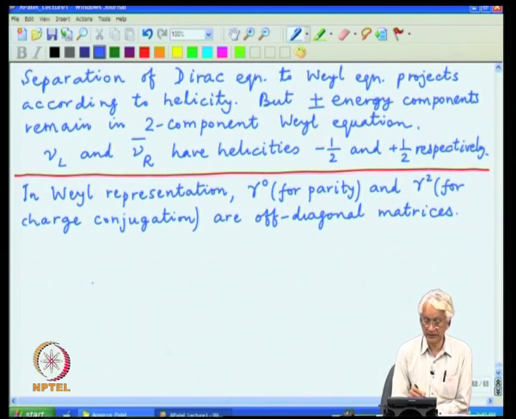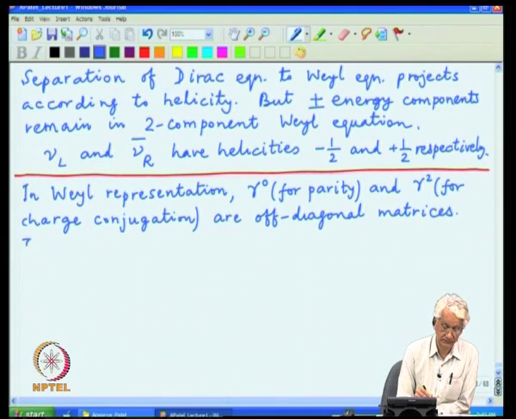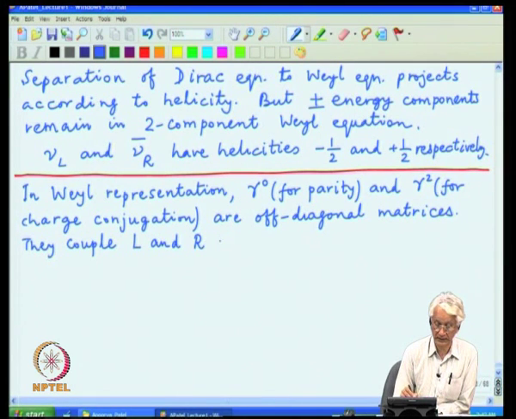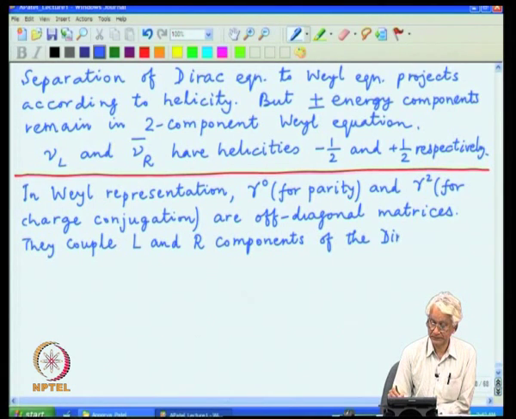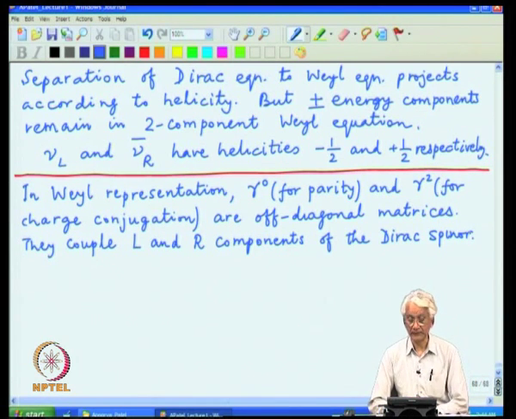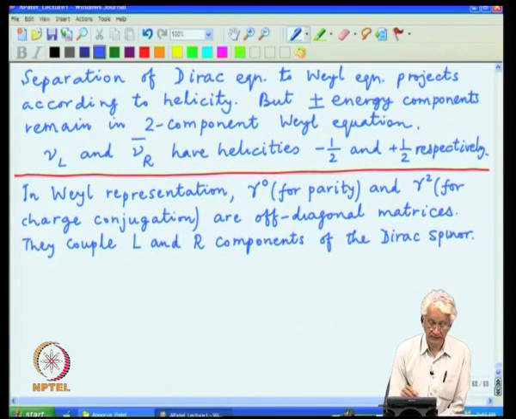That means they couple left and R components of the Dirac spinor, or in other words, the parity and charge conjugation cannot act completely on particles of a single helicity.